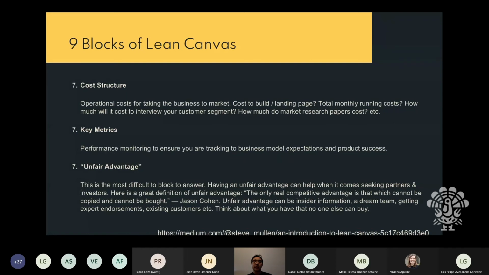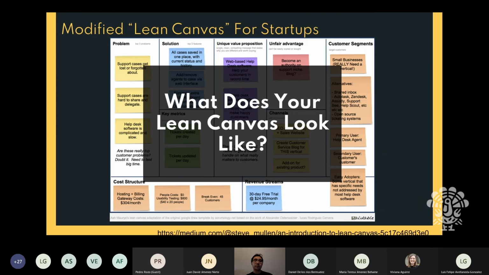Okay? And it could be insider information, not from an illegal standpoint, a dream team. Maybe the team is the secret sauce, right? Or they have certain customers or first to market, a certain way to get to first to market. So those are examples of unfair advantage.